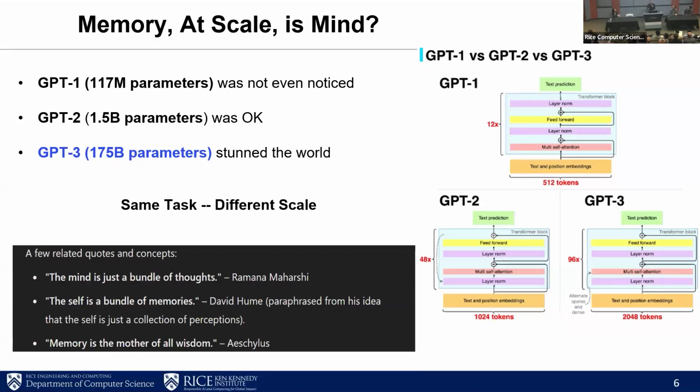OpenAI then took that 117 million parameter model, which was their GPT-1 and was barely noticed, and went to about 1.5 billion parameters in about 2019. And then they started registering a phenomenon that they had not seen before. And they were convinced that we'll take this to the next level.